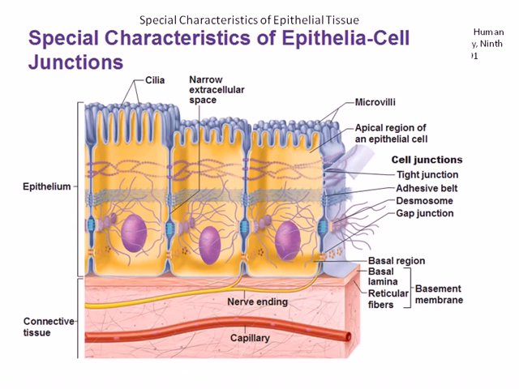The underlying connective tissue secretes a meshwork of proteins called the reticular lamina. The basal lamina and the reticular lamina combine to form the basement membrane that helps resist tearing and serves as a boundary between the epithelial and connective tissues.